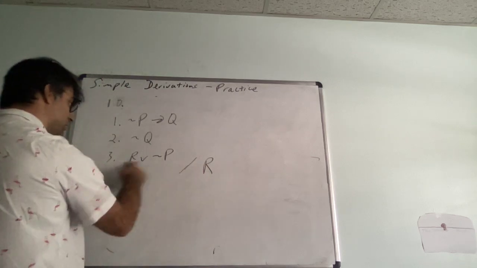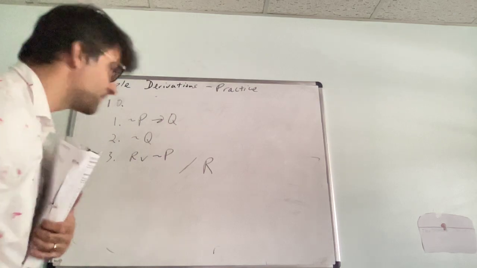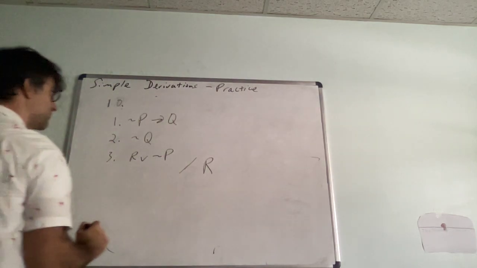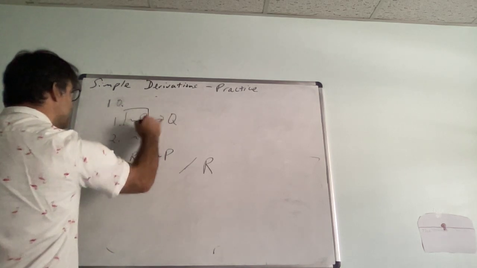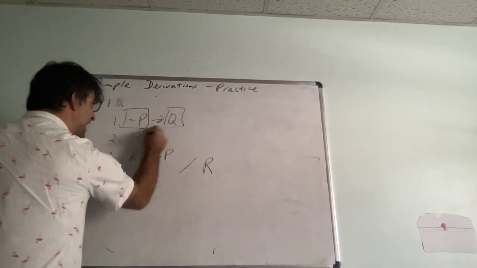So you're seeing where you have to detach that R. You have to do something. Now watch what happens here when we have negations right here. Here's an arrow statement. Here's your antecedent. Here's your consequent. Premise 2 denies the consequent.